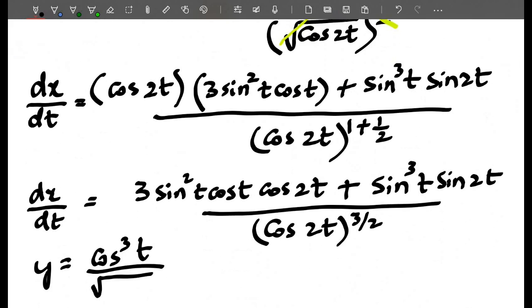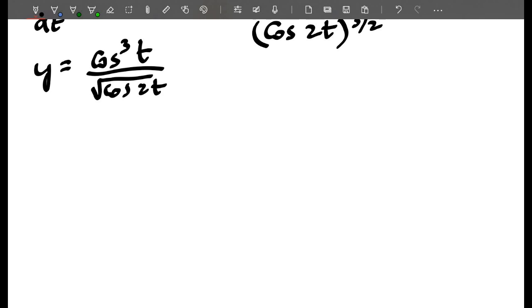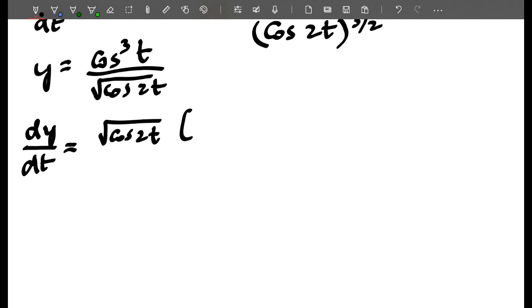Now when you differentiate y with respect to t, we follow the same procedure and keep the square root of cos 2t. When differentiating cos cube t, you get 3 cos square t, and when you differentiate cos t, it gives minus sin t.